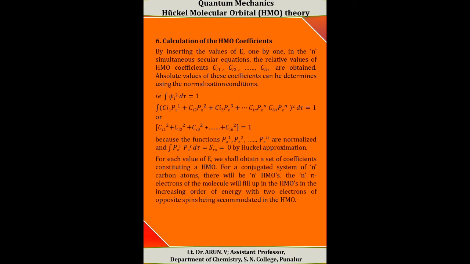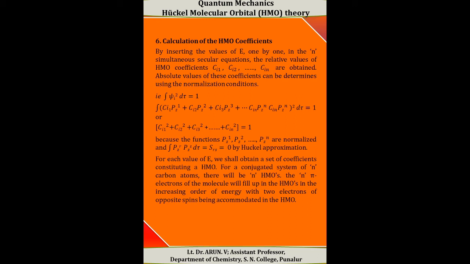Next, we have to calculate the HMO coefficients. By inserting the values of E one by one in the n simultaneous secular equations, the relative values of the Huckel molecular orbital coefficients, that is Ci1, Ci2, etc., Cin, are obtained. Absolute values of these coefficients can be determined using the normalization condition, that is the integral of psi i squared d tau is equal to 1.